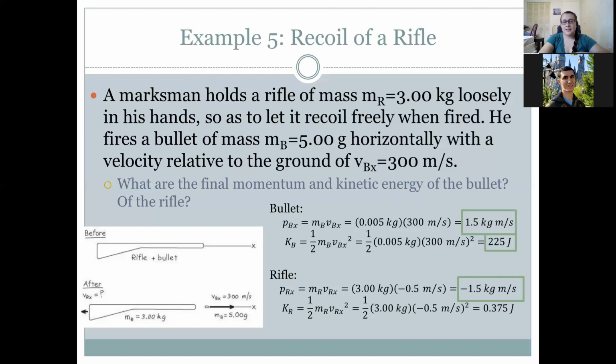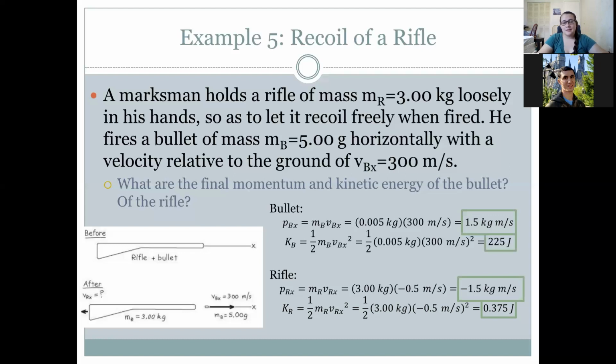But when we look at the energy here, the kinetic energy for the rifle, we can see a huge difference in their energies. The kinetic energy for the rifle is 0.375 joules. That's not very much energy at all, especially compared to the 225 joules that we got from the bullet calculation. So they end up with the same momentum magnitude, opposite directions, right? But not the same energies.